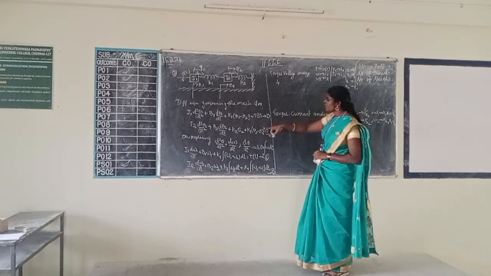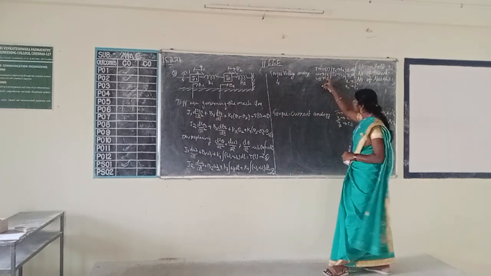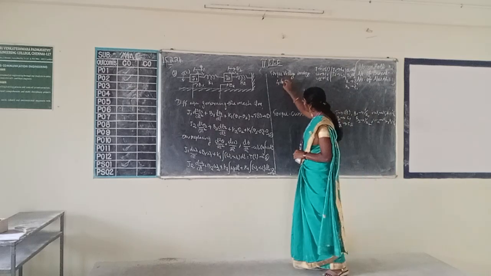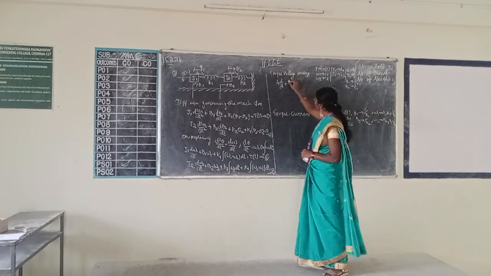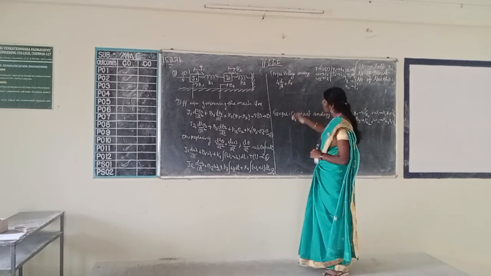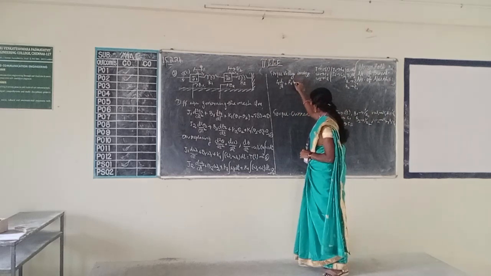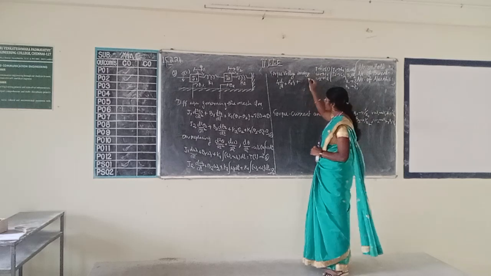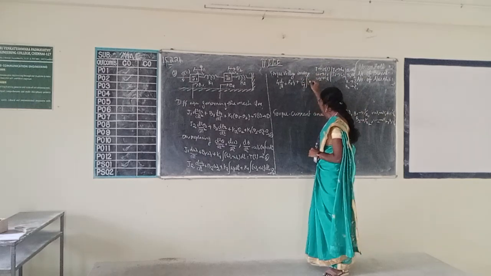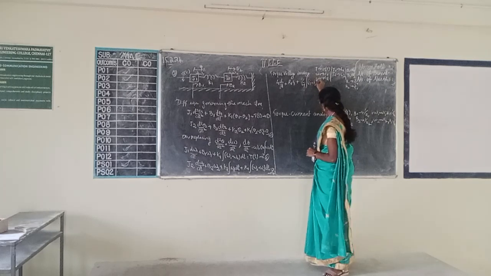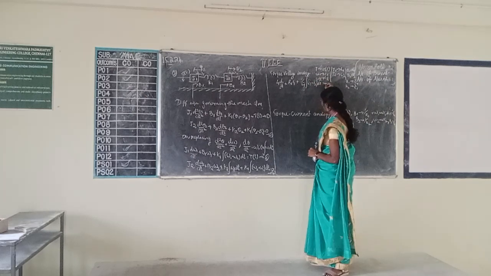L1 d omega1 will become L1 di1 by dt plus B1 is resistance R1, R1 into I1, plus K1 is 1 by C1 integral of I1 minus I2 dt is equal to what?